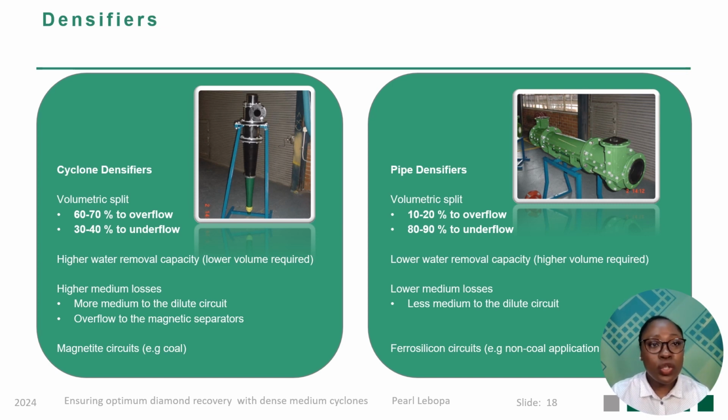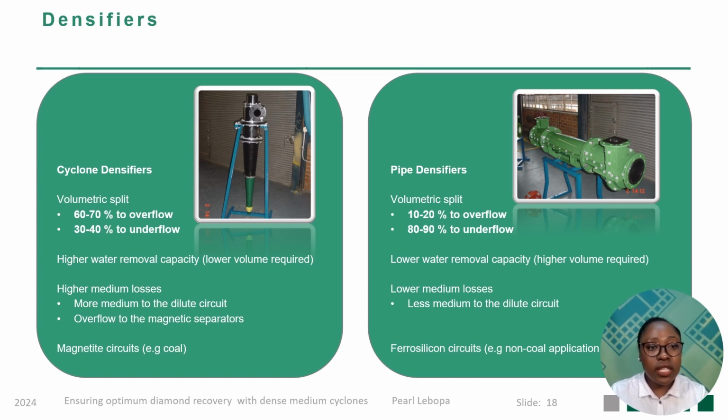Now moving on to the densifiers. The densifiers in the dense medium separation are used to recover the medium that was used during the dense medium separation. Starting off with the cyclone densifiers: the cyclone densifiers have a higher volumetric split to the overflow, within 60 to 70%, and the remainder goes to the underflow.